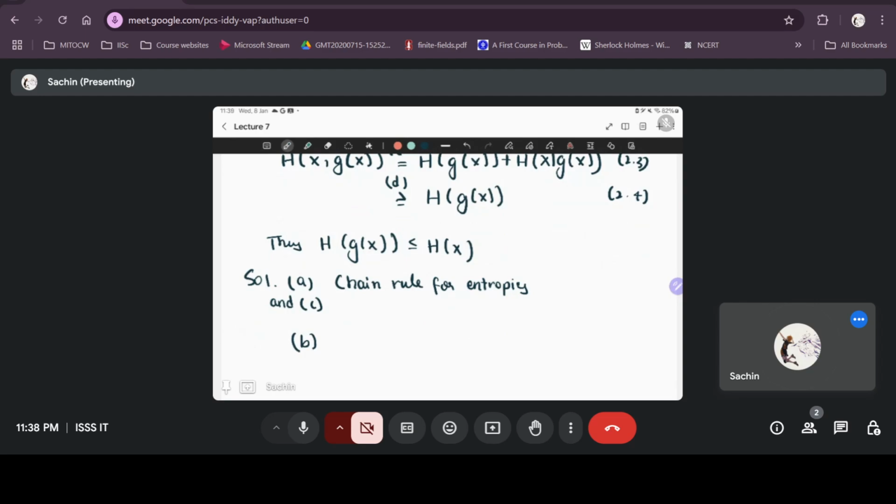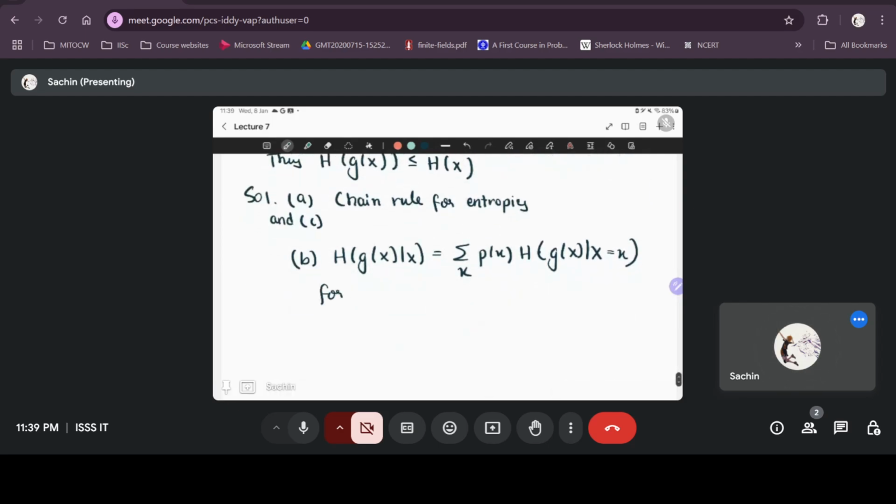is H of g of X given X is equal to summation over all values that X can take, probability of x times H of g of X given capital X is equal to x.